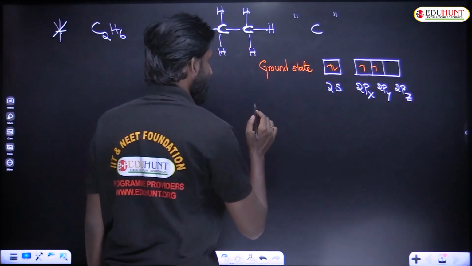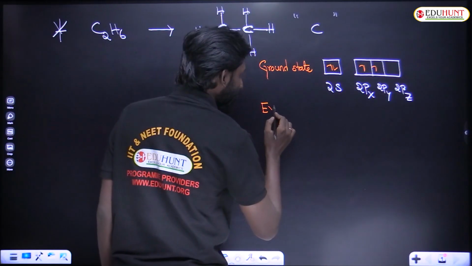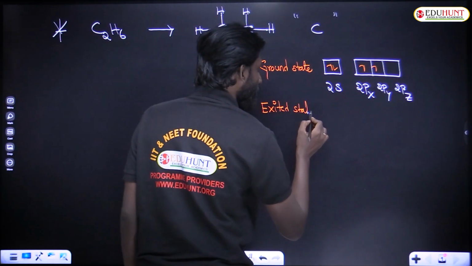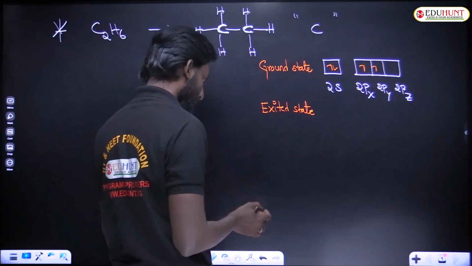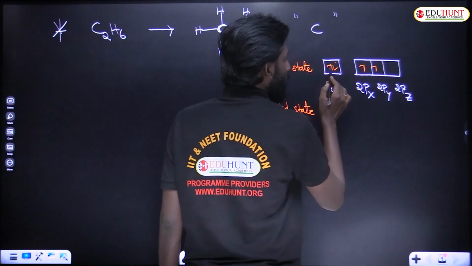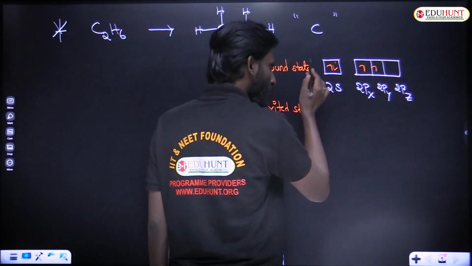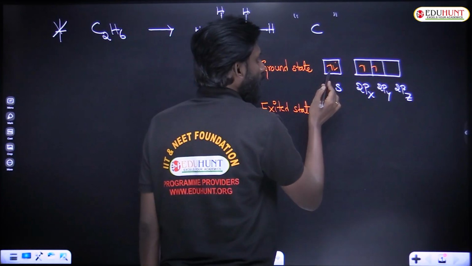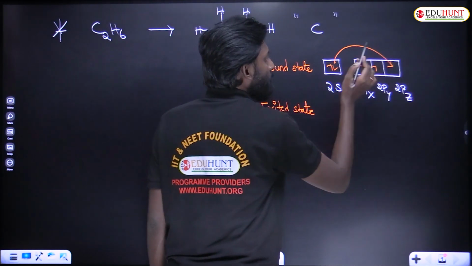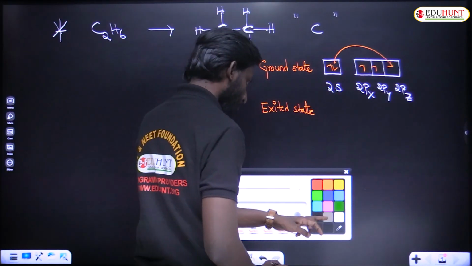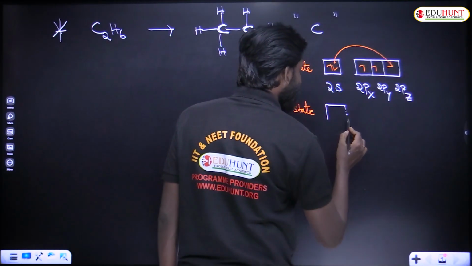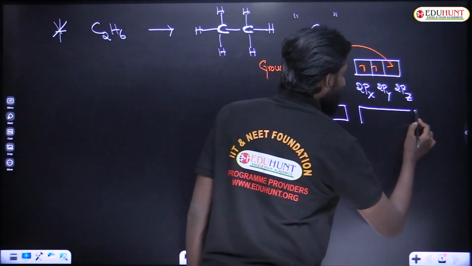Sir, what is the excited state? In the excited state, among the two electrons in this pair, you take one electron and shift it to this orbital. Now this particular configuration can be called the excited configuration.